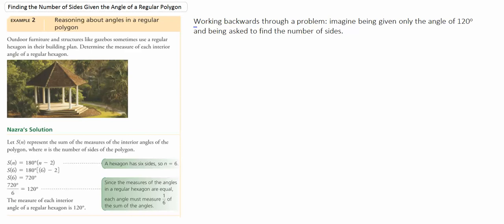So we know that we took our sum of the angles, which in this case was 720. We wouldn't know this, so rather than having 720, we would have the sum of the angles, Sn, and we divided it by 6.